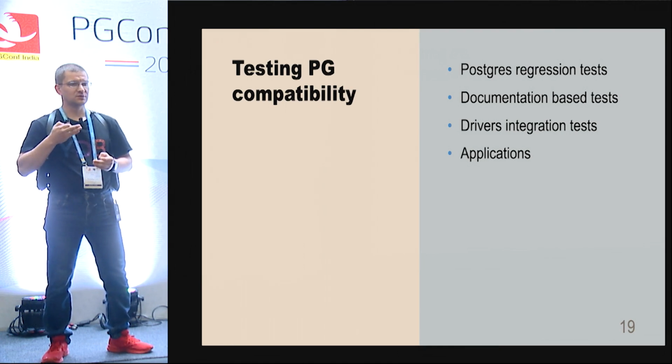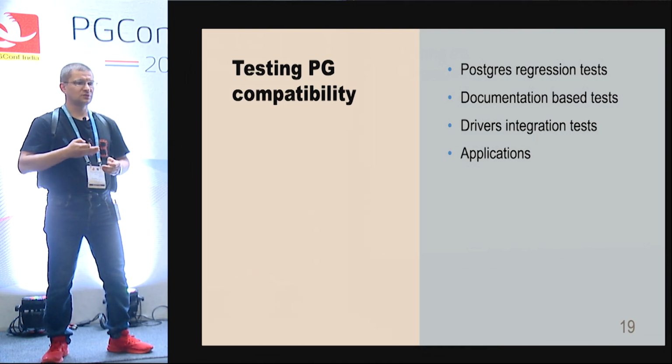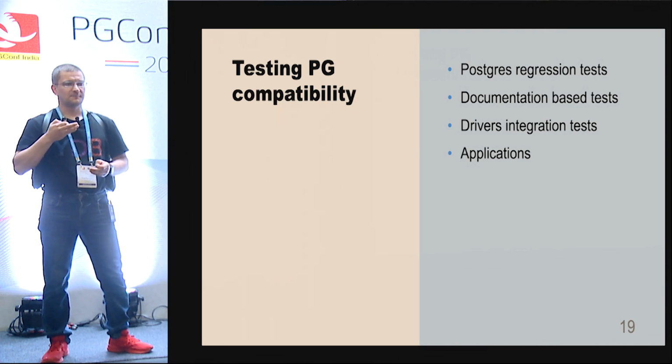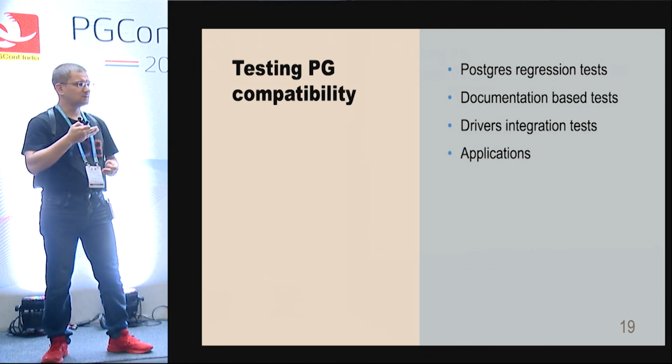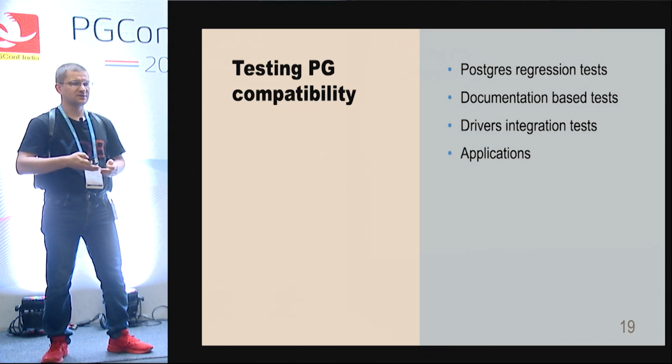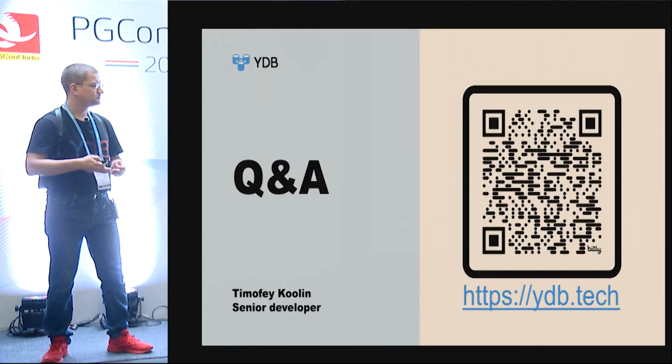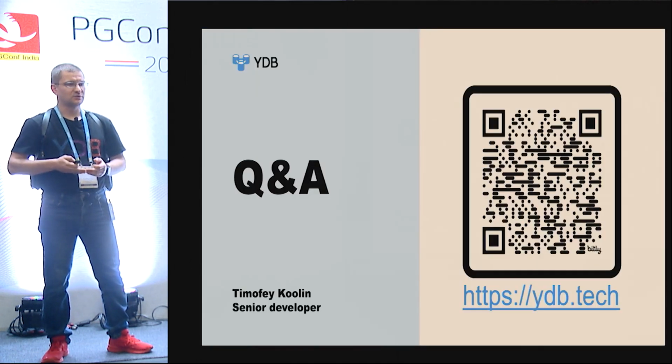We see what worked well and what failed. And from the application runs, we get the next steps to improve our compatibility. That's all. I will be happy to answer your questions.